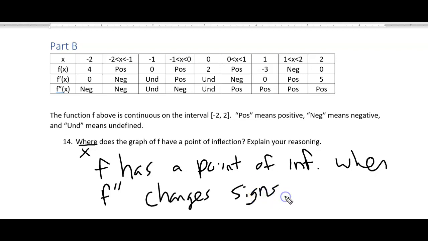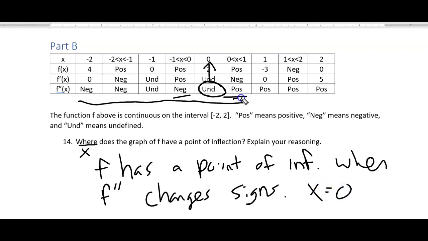So in other words, when it goes from positive to negative or negative to positive. So we have negative, negative, negative. There we go, we just switched there. At this point, at x equals 0, the second derivative changed from negative to positive. So we would say that happens at x equals 0. Keep going, positive, positive, positive. There's no other points of inflection there. It only switches once. So there you have it.